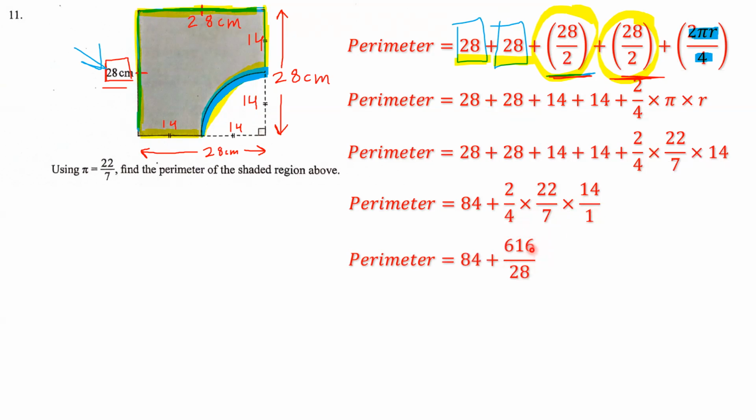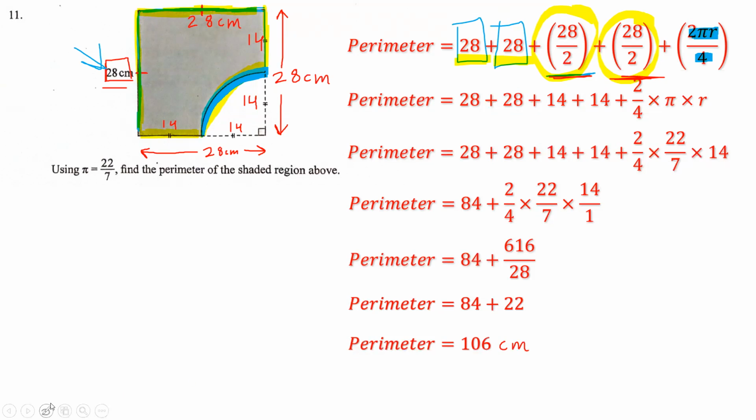Now we divide: 616 divided by 28 is 22. So we have 84 plus 22, and that's going to be 106. So the perimeter of the shaded portion is going to be 106 centimeters. I should have centimeters here, so let's put centimeters.